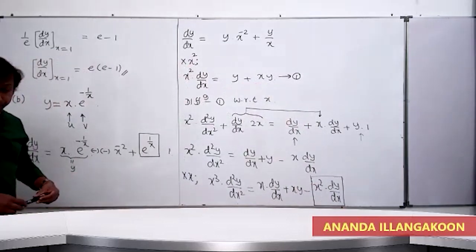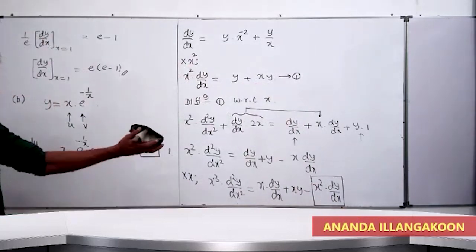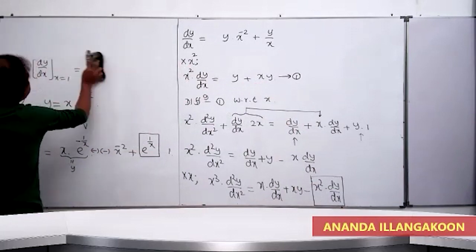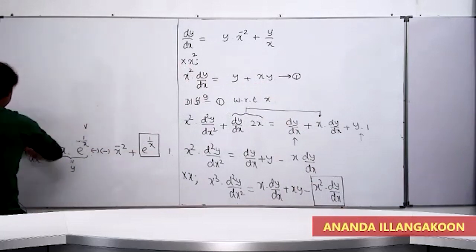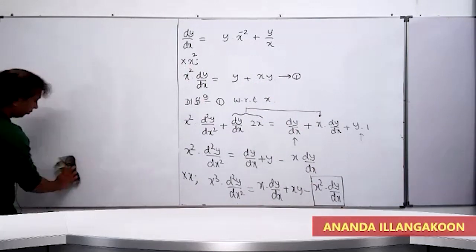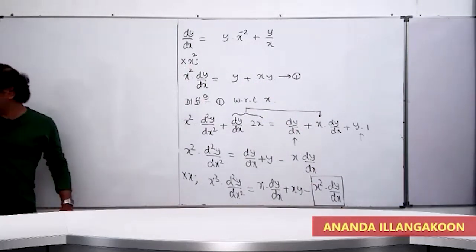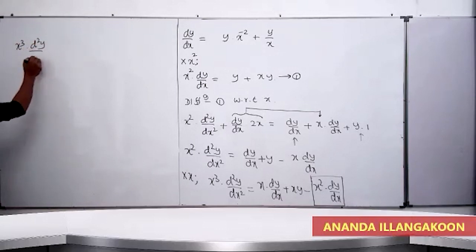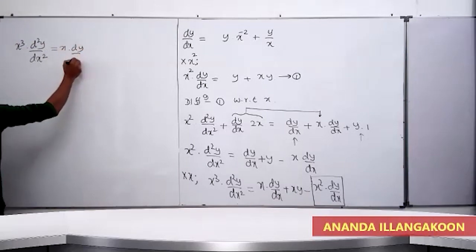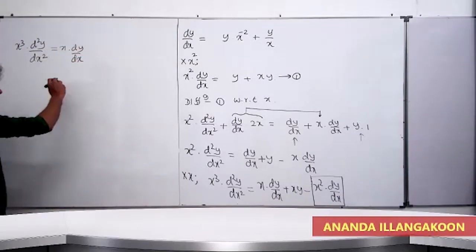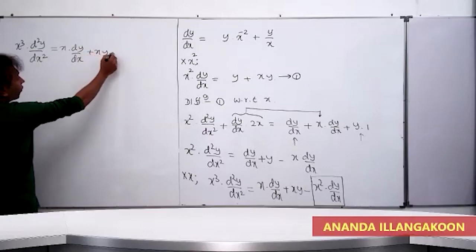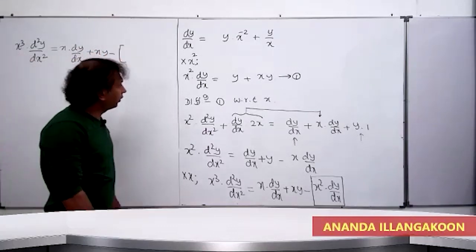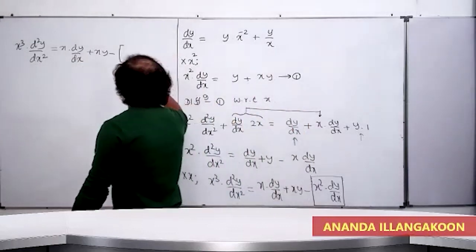Then you get this answer. x cube d2y upon dx2, x times dy by dx plus xy, open a bracket, x squared dy by dx is this, y plus xy.